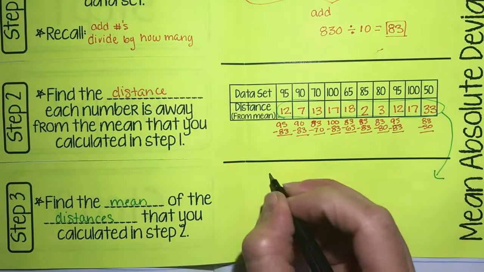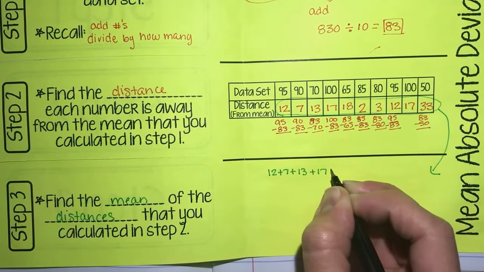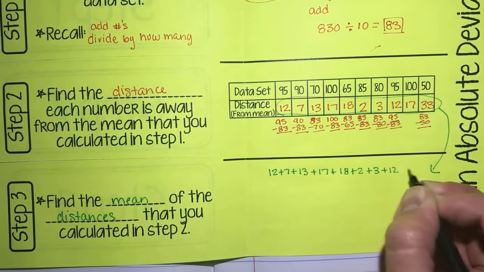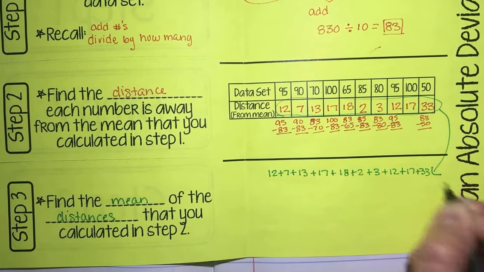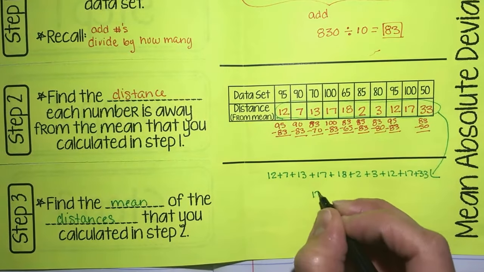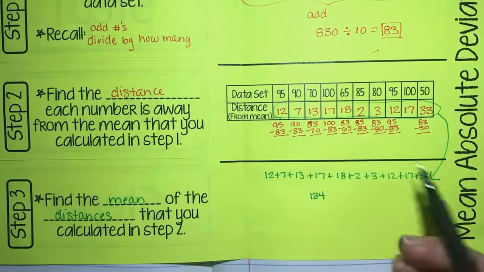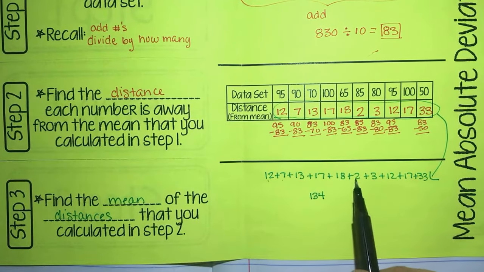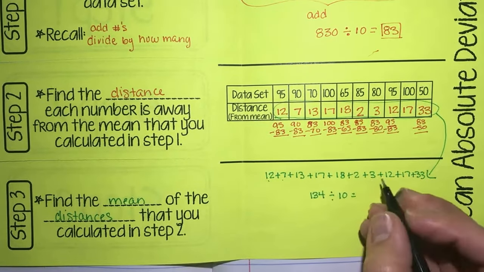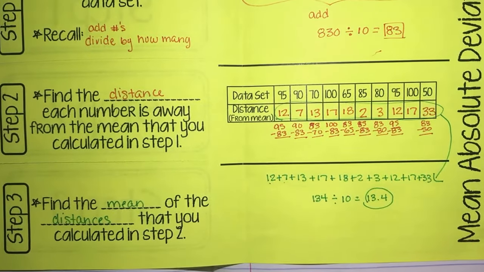So this list will be what? 12 plus 7 plus 13 plus 17 plus 18 plus 2 plus 3 plus 12 plus 17 plus 33. So again, you add all of them up and you get 134. And then remember that for mean, the last step is to divide. So I had 1, 2, 3, 4, 5, 6, 7, 8, 9, 10. So divide by 10. And your final answer is 13.4.